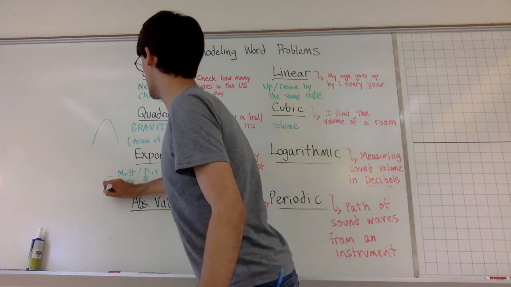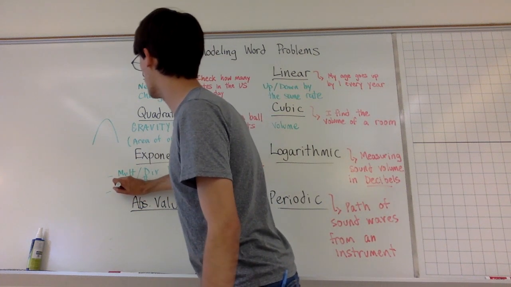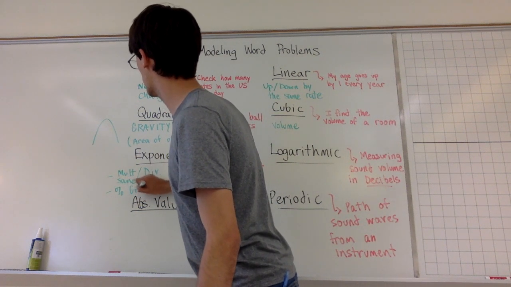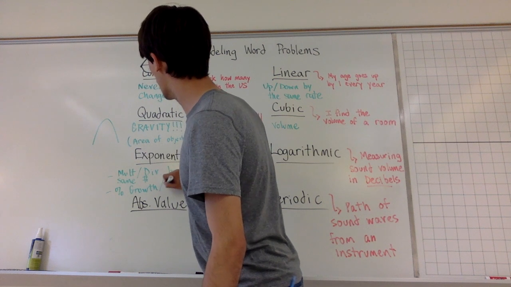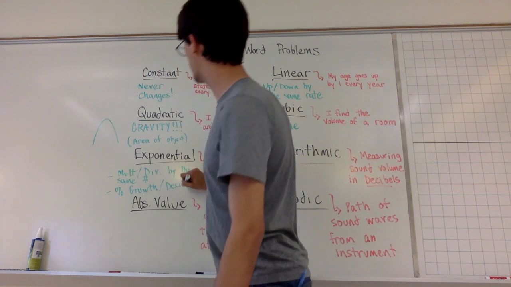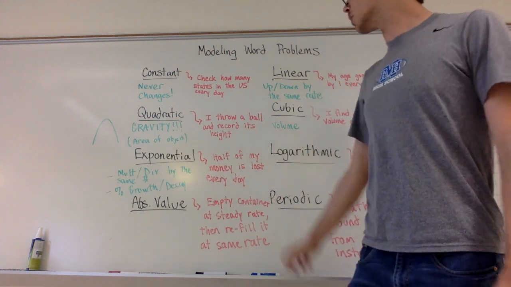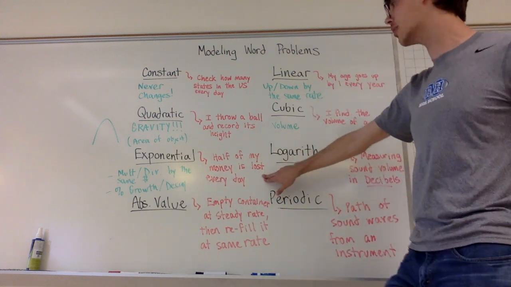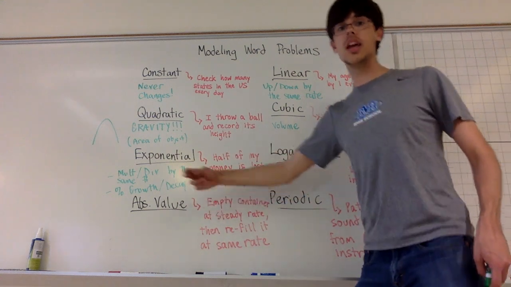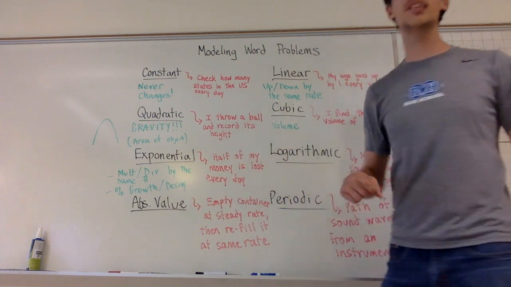Another big use of exponential equations is our good old percent growth and decay. So if something is going up or down by a percent, we're multiplying by a decimal, that's going to be exponential as well. So in my example, I lose half of my money every day. You're dividing by 2 again and again and again. Since we divide by the same number, that's exponential.